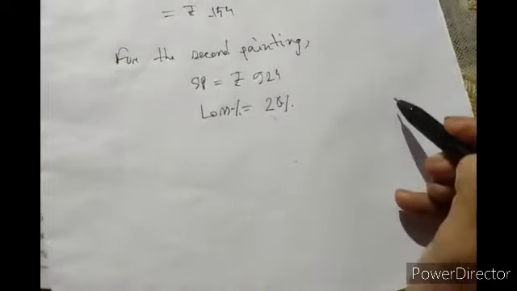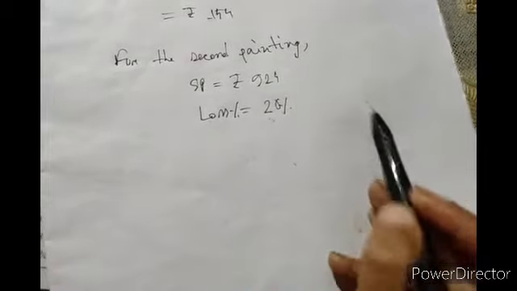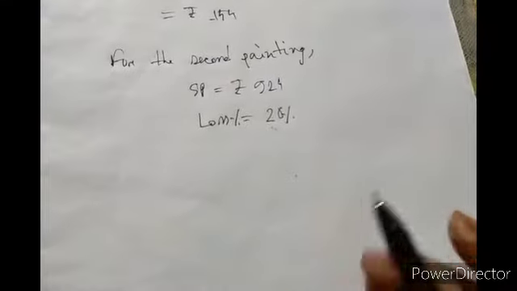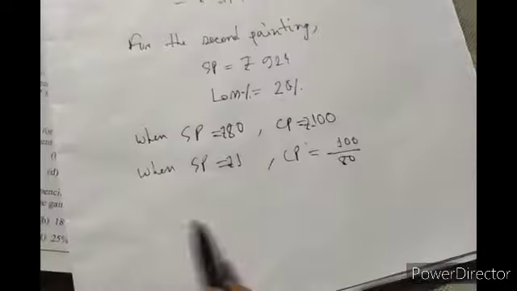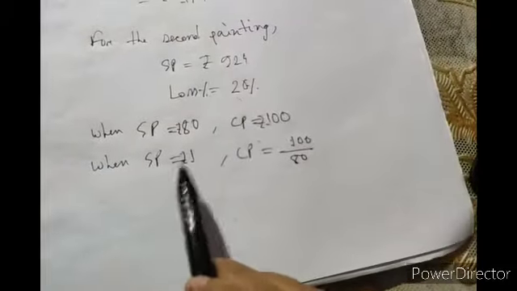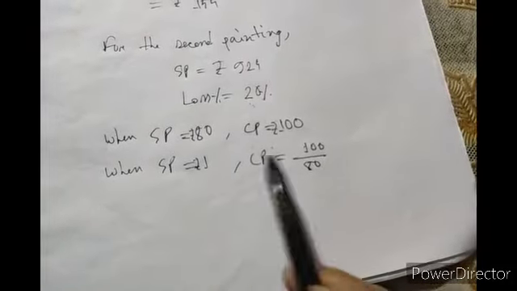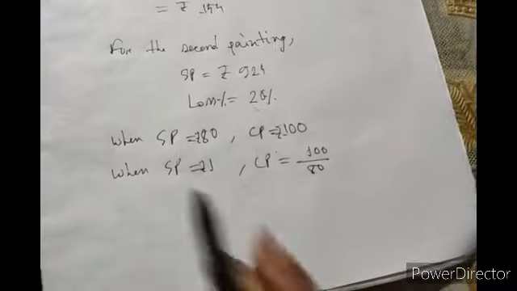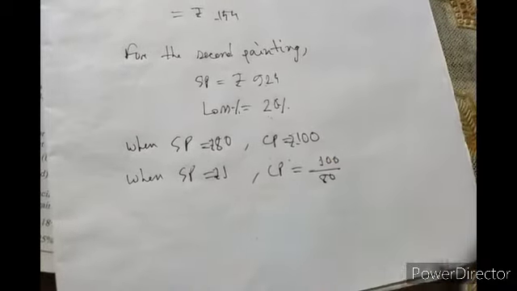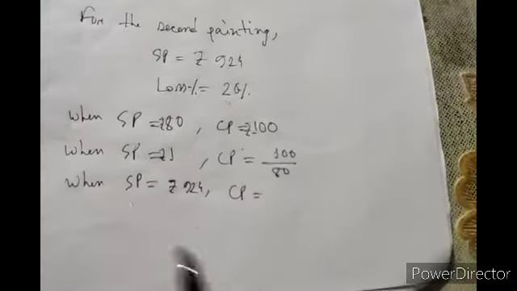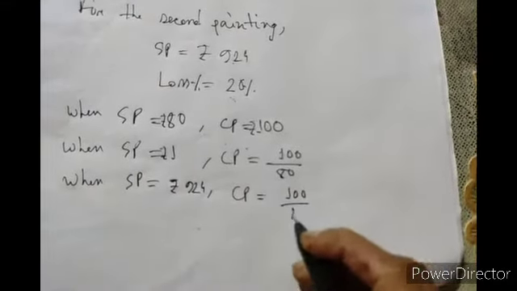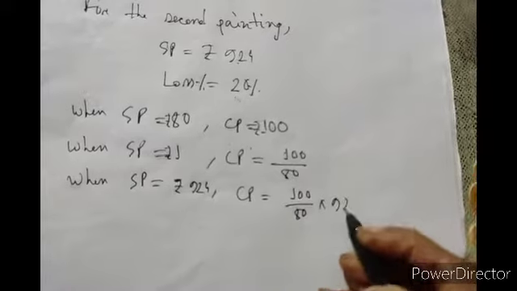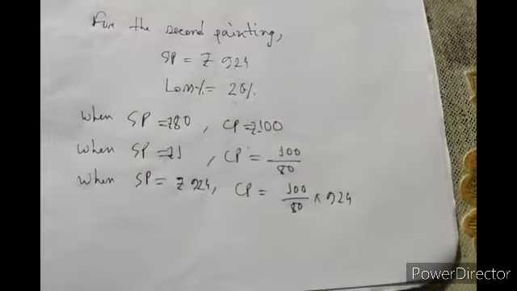So cost price is 100, loss is 20, so 100 minus 20, selling price will be 80. Next, again compare for 1. When selling price is rupees 1, cost price will be 100 by 80. Again selling price is given to us, 924. Cost price will be 100 by 80 into 924.